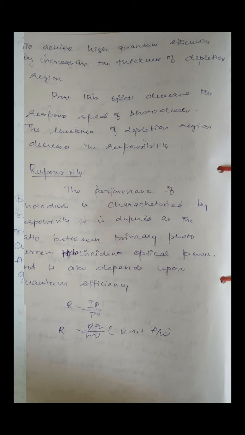So here, to our optical receiver containing the detector, if we give optical power as an input, it must produce current as the output. So we can define the responsivity as the ratio between the photocurrent and the incident optical power. Mathematically it is represented as capital R equal to Ip by Po.